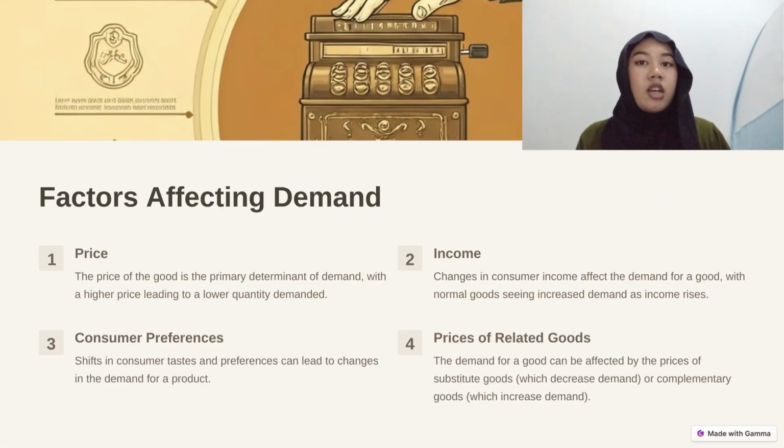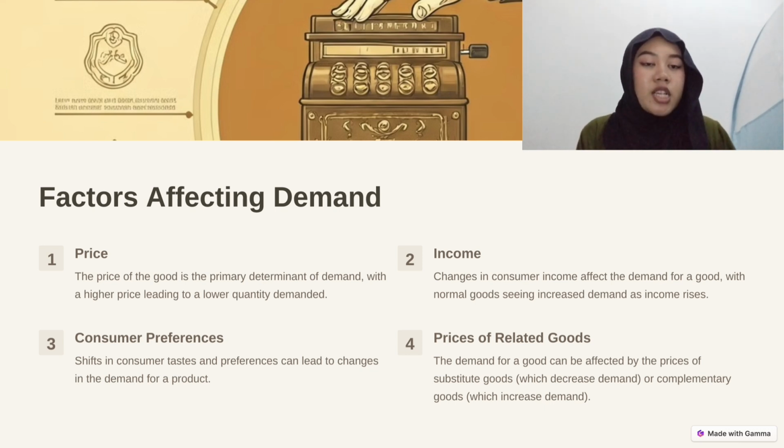Factors affecting demand. 1. Price. The price of the good is the primary determinant of demand, with a higher price leading to a lower quantity demanded. 2. Income. Changes in consumer income affect the demand for a good, with normal goods seeing increased demand as income rises. 3.